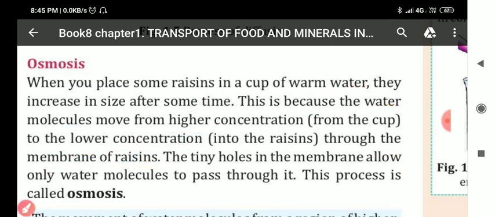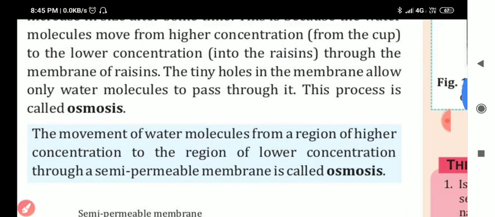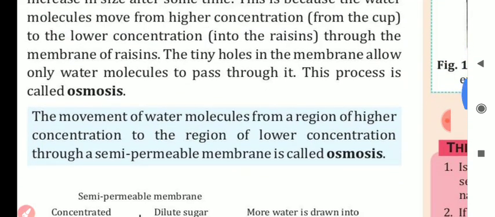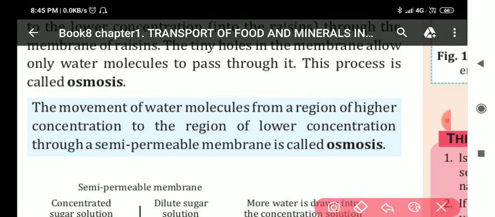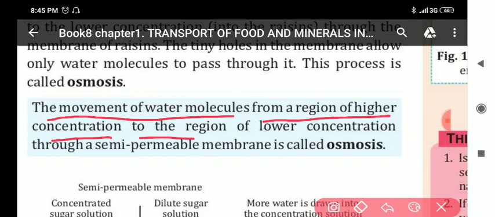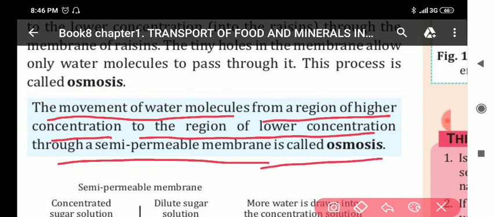Next, my dear students, we will see the definition of osmosis. This is a proper definition of osmosis. Let us see it. The movement of water molecules from a region of higher concentration to the region of lower concentration through a semi-permeable membrane is called osmosis.